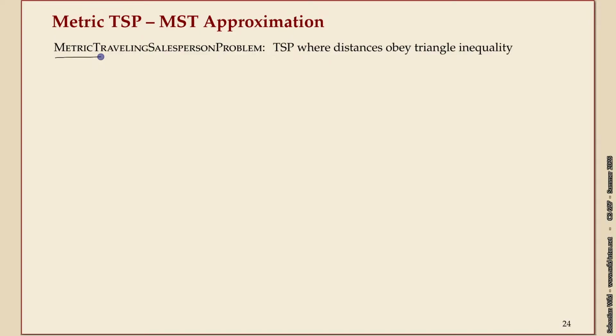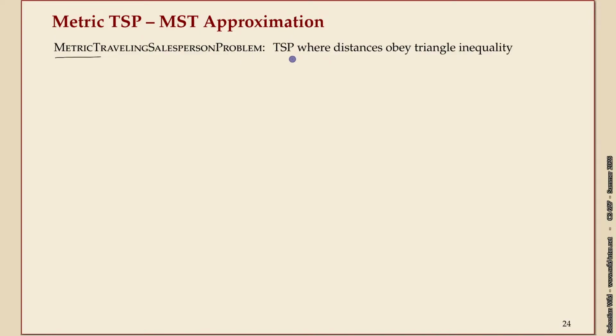And in particular, you can show easily that you cannot possibly approximate a traveling salesperson with any good constant factor in the general case, because you can always reduce to a Hamiltonian path. And there you don't need big weights. So in the general sense, traveling salesperson is relatively hopeless to get anything in terms of approximation guarantees.